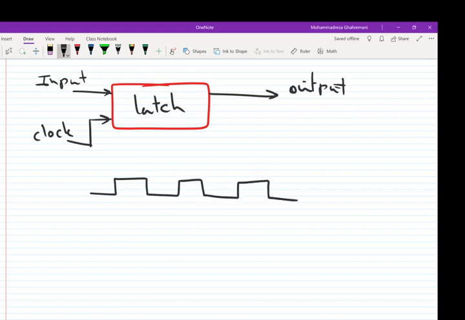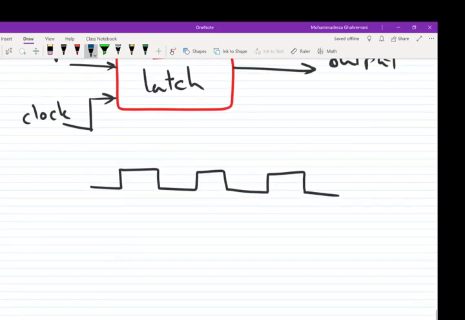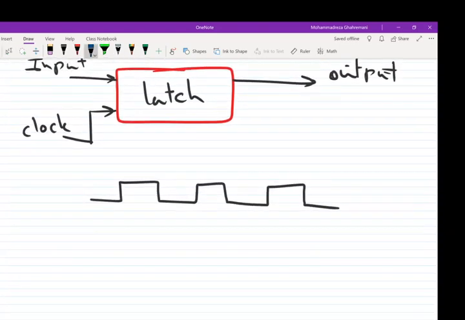If you remember, I said that for the flip-flop we have the data transfer from input to the output at the level transition. But here for the latch, depending on the type of the latch, as long as the clock level is high, whatever is in the input moves to the output.